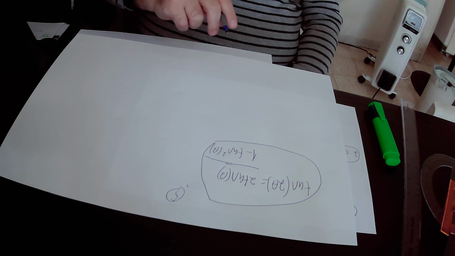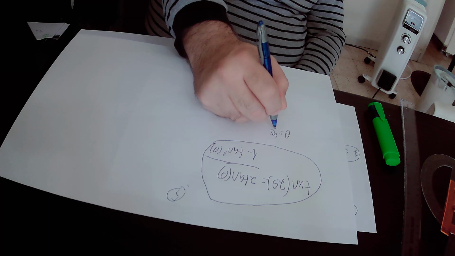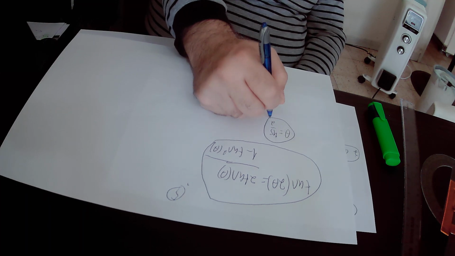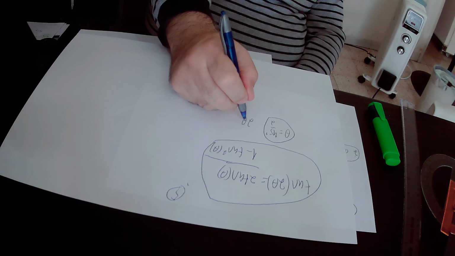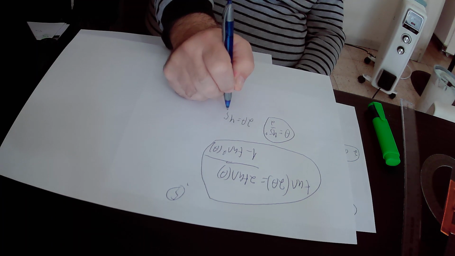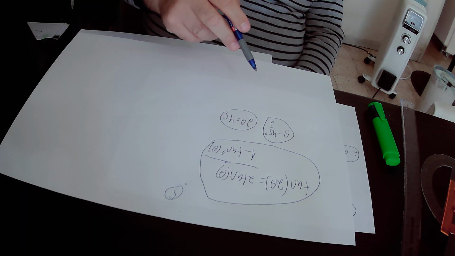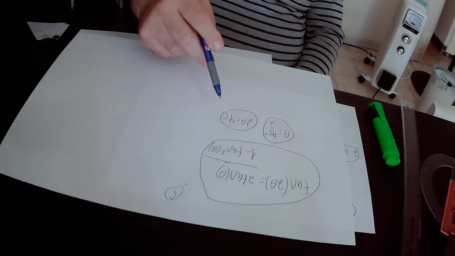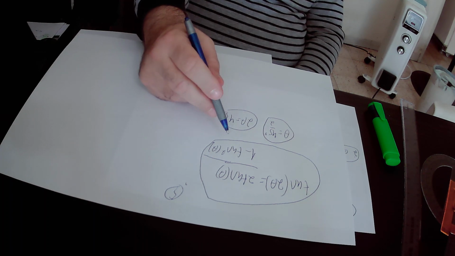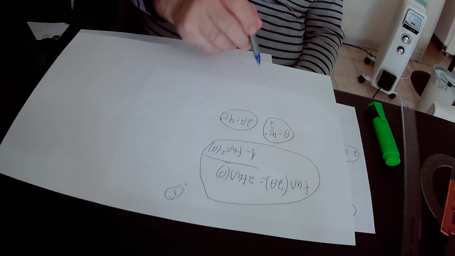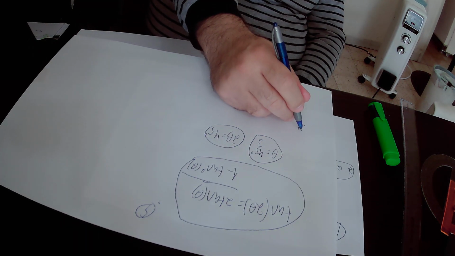In the next step, we will define theta as 45 over 2 degrees. If theta is 45 over 2 degrees, it means that 2 theta is 45 degrees. Okay? And we will substitute theta in this trigonometric identity by 45 over 2 degrees, and 2 theta by 45 degrees. This will be equation number 2.